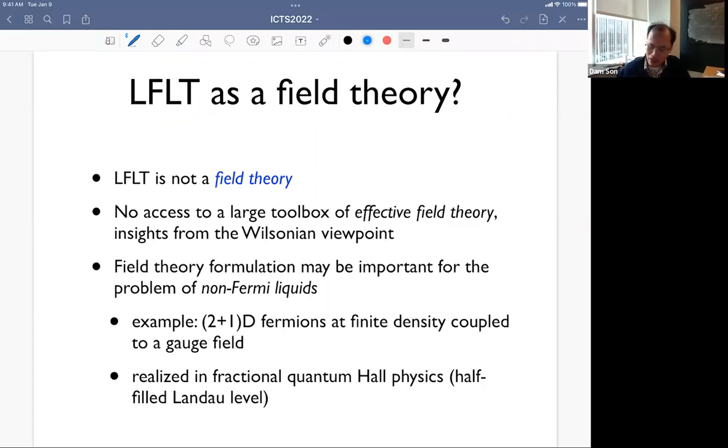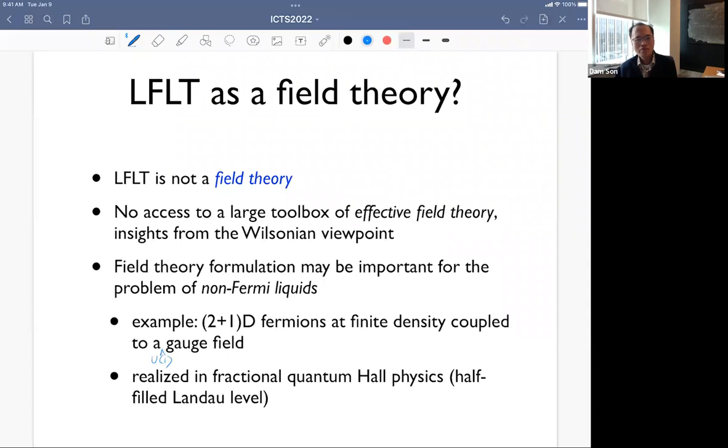In particular, one application of a field theory formulation may be important in the problem of non-Fermi liquids. One example of a non-Fermi liquid is a 2+1 dimensional fermion at finite density. That is, it has a Fermi surface coupled to a gauge field, a U(1) gauge field.